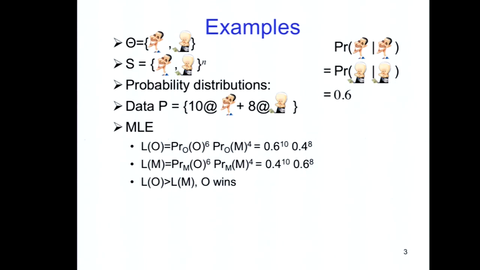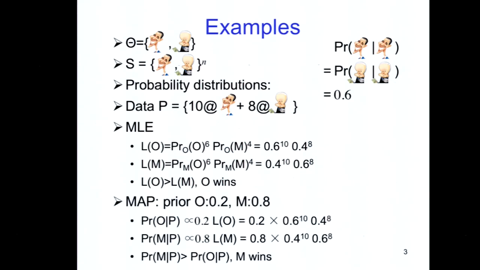The probability of these 10 votes for Obama is 0.6 raised to the 10 multiplied by 0.4 raised to the 8, and similarly the likelihood of McCain being the ground truth is 0.4 to the 10, 0.6 to the 8. It's easy to see that the likelihood of Obama is larger than the likelihood of McCain. So if you use the maximum likelihood estimator, Obama would be the winner.